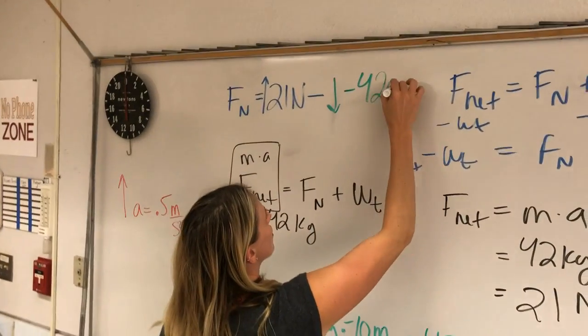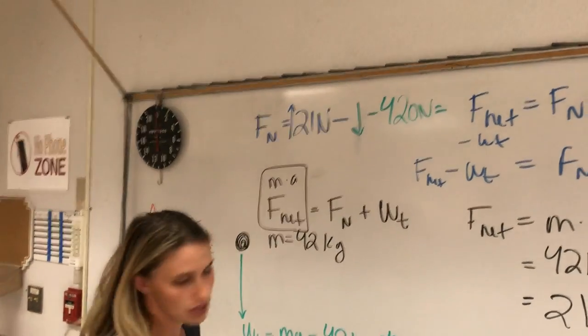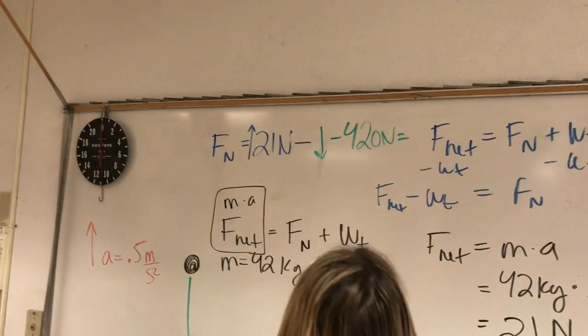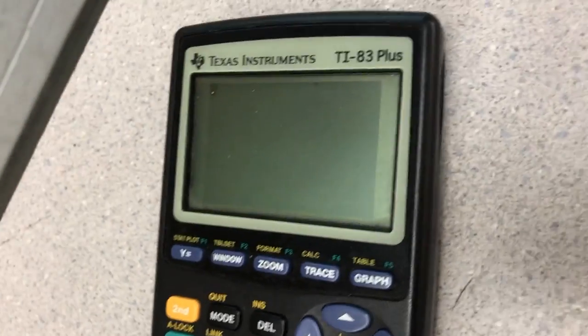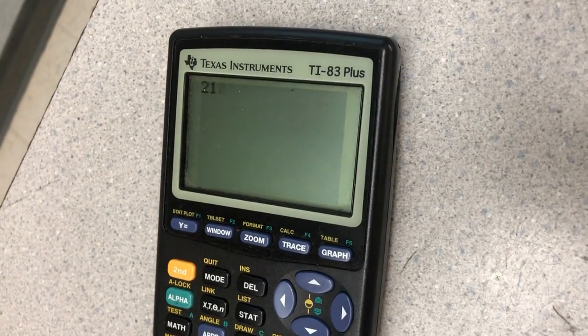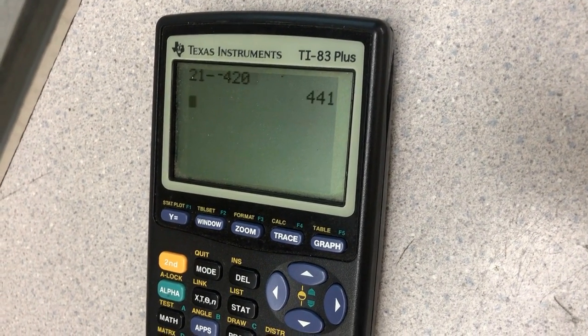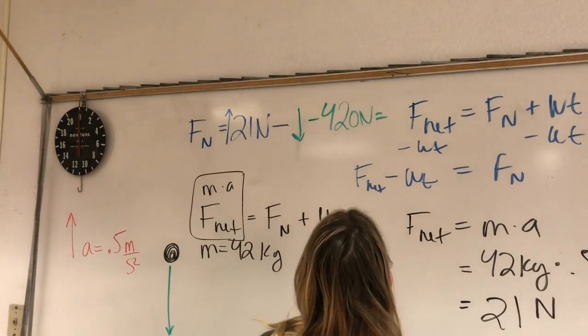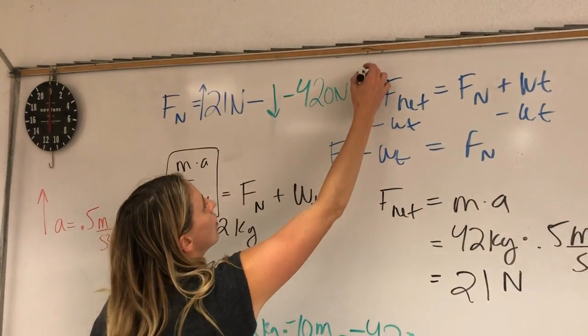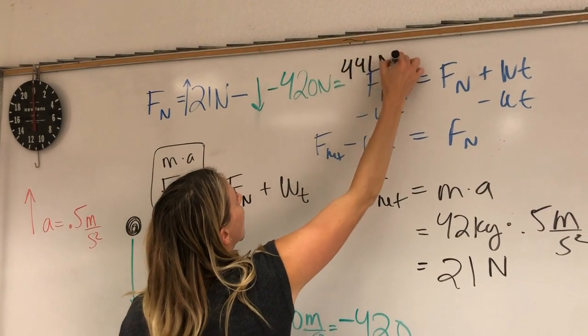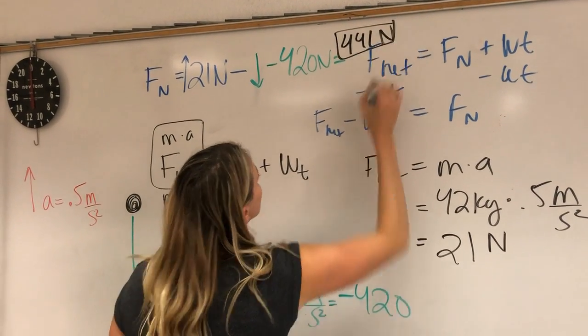When you subtract a negative, that's going to be a negative number. Oh no, it's going to be positive. I'm sorry. 21 minus a negative 420 is 441. Okay, so that's the normal force.